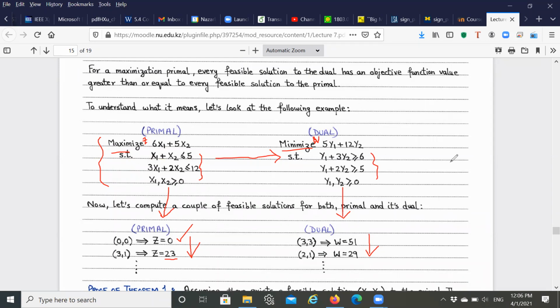So if there is an optimal solution, the dual is moving from some high value down, so it's kind of an upper bound. And the primal is moving from down to up towards the optimal solution. We call this the optimal solution. Is it clear? Does everyone understand what I'm trying to say?